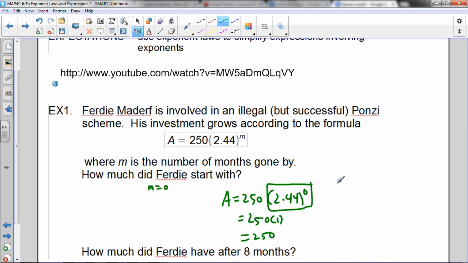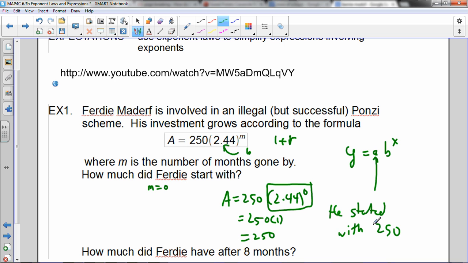Well, that makes complete sense, because when we were talking about exponential models, that number in front of the base, this is the base, and I can see because it's more than 1, it's a 1 plus r base, that it's a growth model, and A is the initial value. So he started with, what was it, $250? Doesn't say how much, let's say 250.